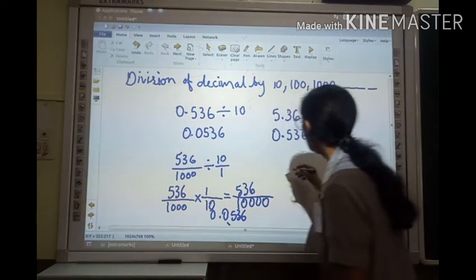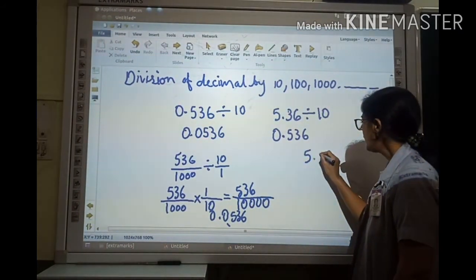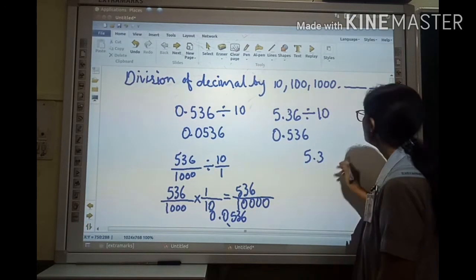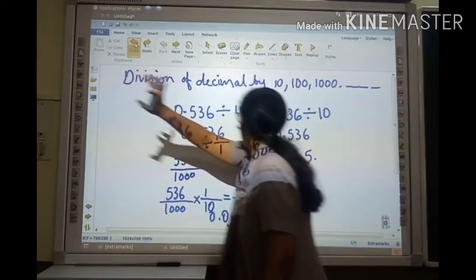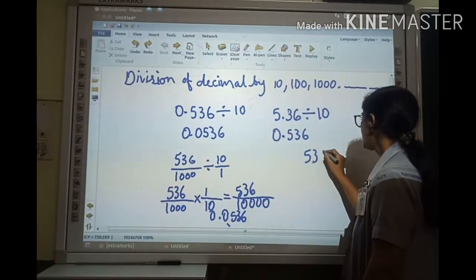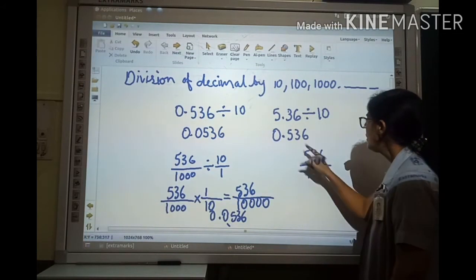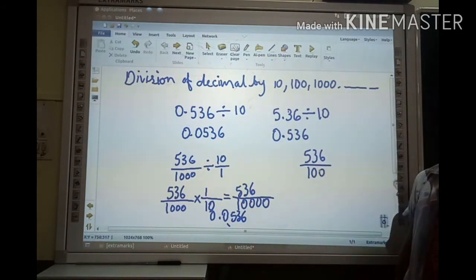Now here another example. 5.36, sorry, 536, and if I convert that into the fraction after the decimal, how many digits? 2 digits, right?